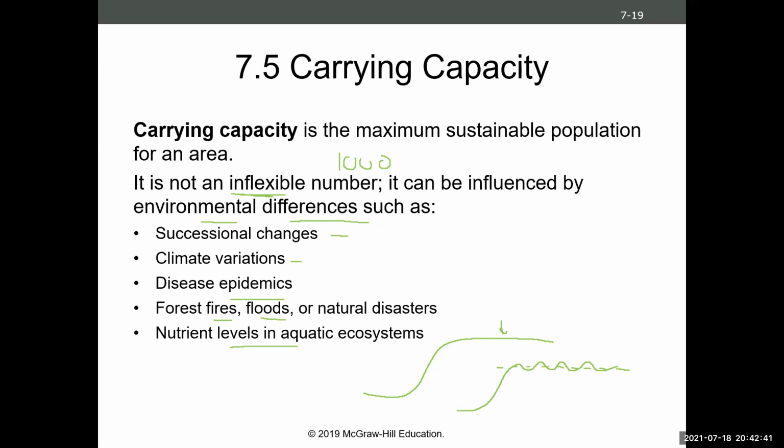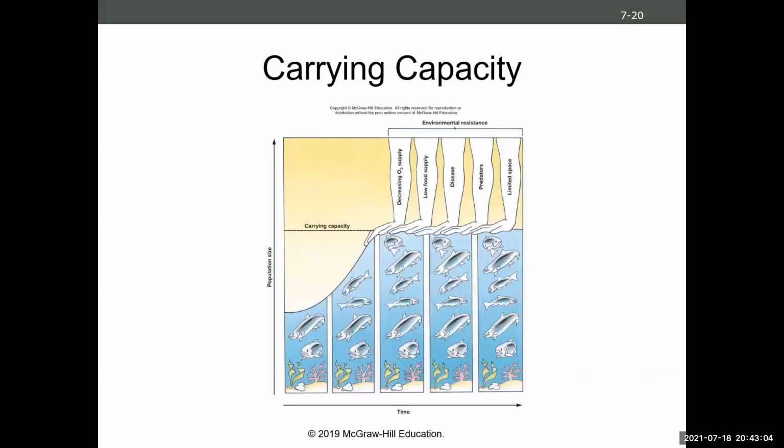But depending on the species, you could have something like a dampening, where it starts out with really high fluctuations and then becomes stable, or it's always fluctuating, or something in between. It just really depends on those environmental factors.